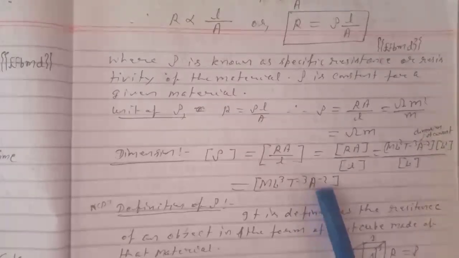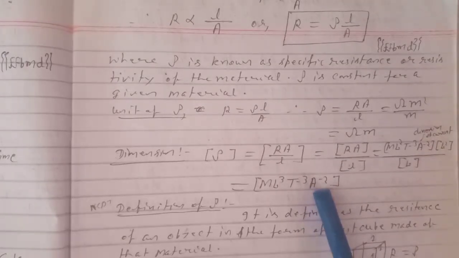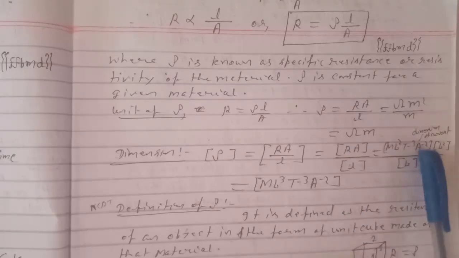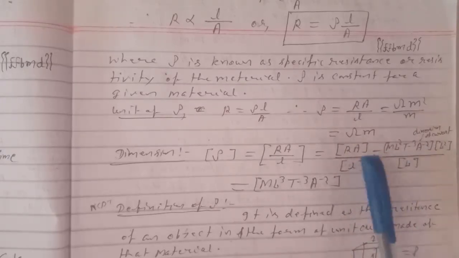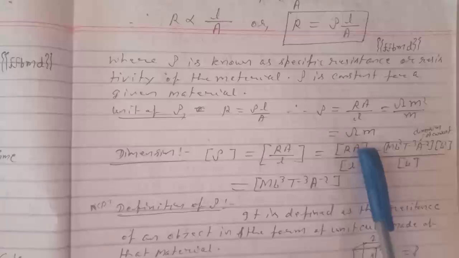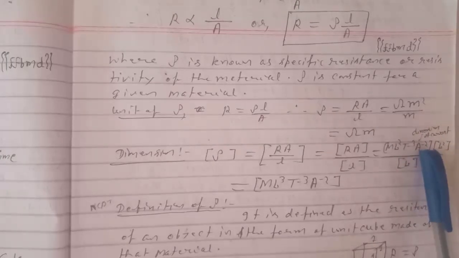Here A is the dimension of current, it does not represent area. We have used the same symbol for area and dimension of current, so don't be confused.